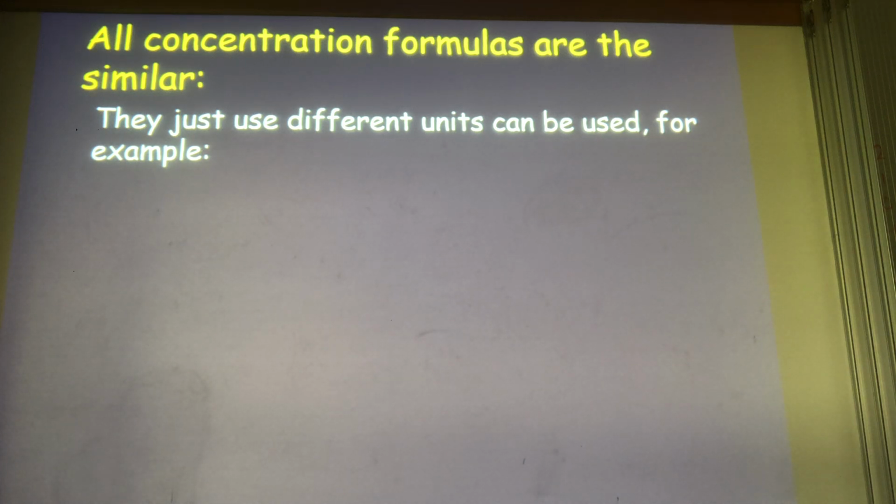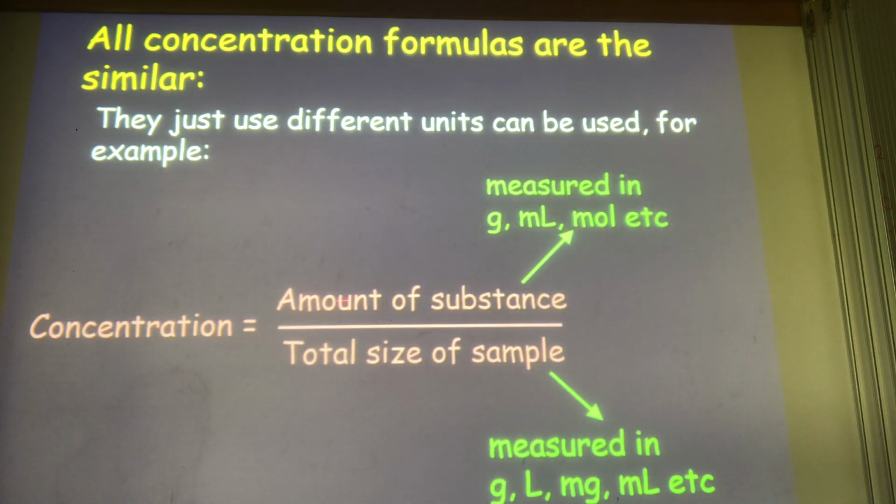So we just have different units, different ways of measuring the substance we're interested in, different ways of measuring the total size of the sample. If we're measuring a particular chemical, we might measure that amount of chemical in grams or moles if it's a solid, or perhaps mils, grams or moles if it's a liquid. Then that's going to be contained in a sample.